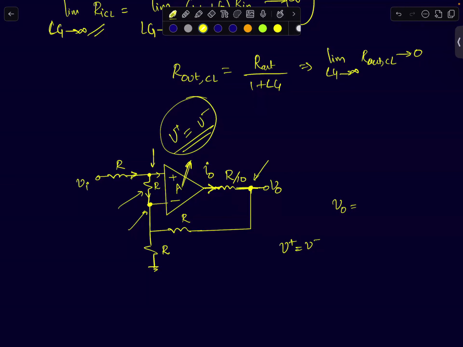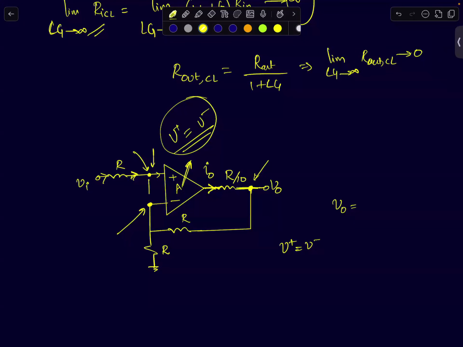If that happens, what will be the current flowing from the input? What do you think will be the current drawn from the input now for this amplifier? 0 current, right? Because these two node voltages are the same, no current flows through the resistor. So I can ignore this.